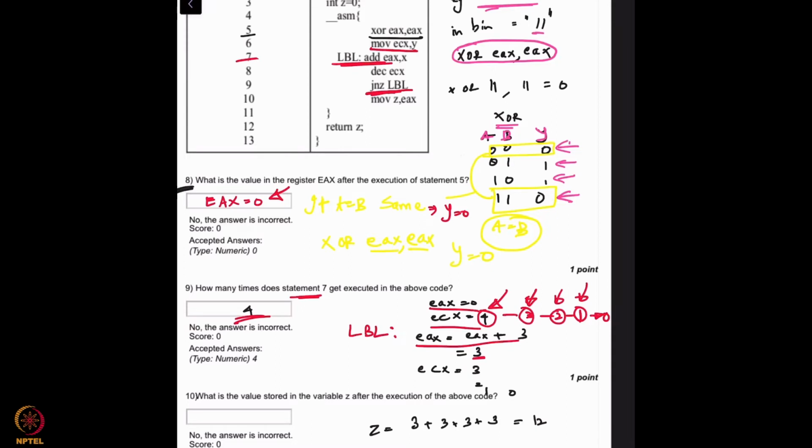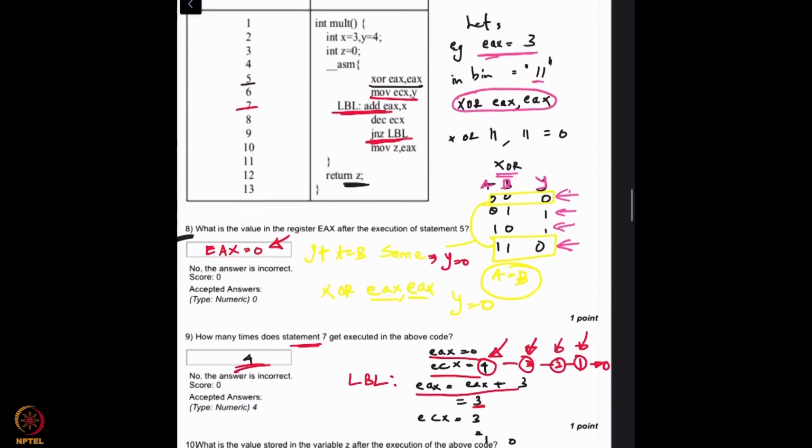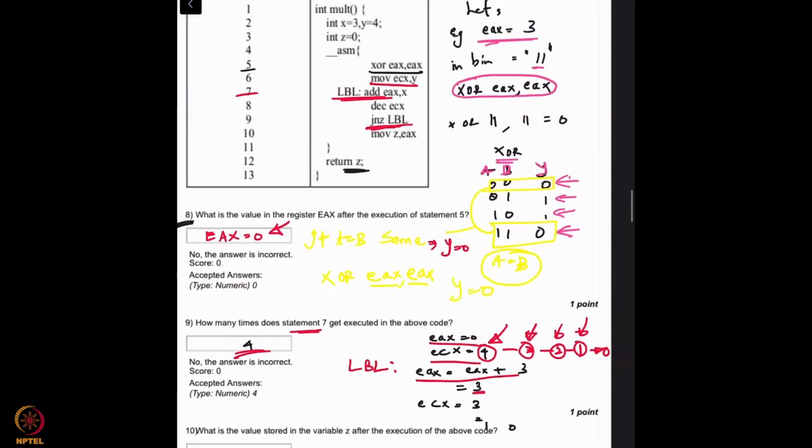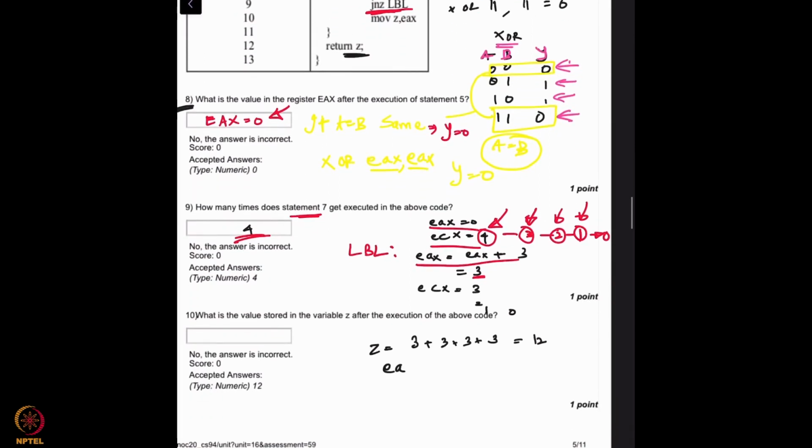Okay, so let's go to question 10. What is the value stored in the variable z after the execution of the above code? Variable z, right? So let's look at what is EAX. When statement 7, add EAX comma X, executes 4 times, EAX was initially 0.